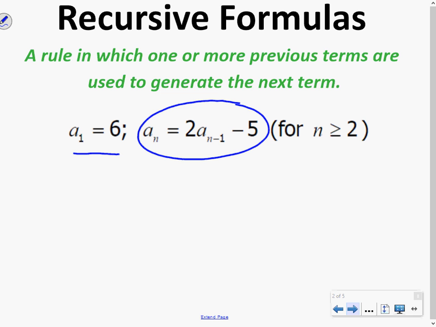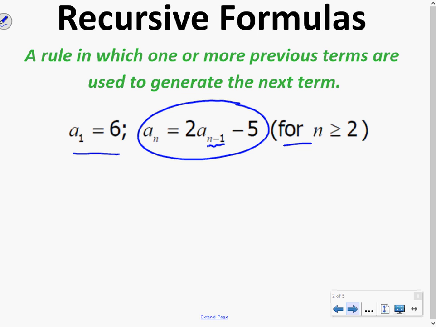And what I want you to really notice is it says a subscript n. Okay, so the term that I'm trying to find is equal to 2 times a subscript n minus 1. Well, if n is the one I'm looking for, then n minus 1 would just be the term that comes before it. So if I'm looking for a subscript 2, my a subscript n minus 1 would really be equivalent to a subscript 1, okay, because it's 1 less than the term I'm currently looking for.